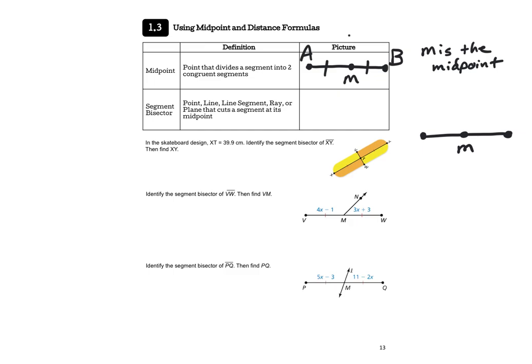I also, using what we talked about yesterday, can make the statement that AM equals MB. And what am I saying when I say AM with no symbol above it? What was the question?